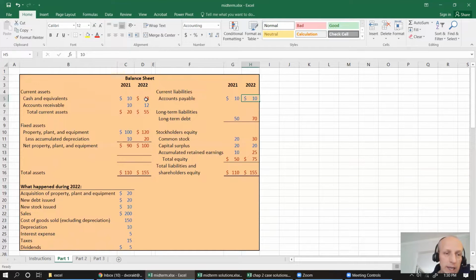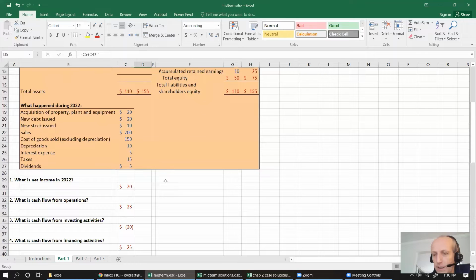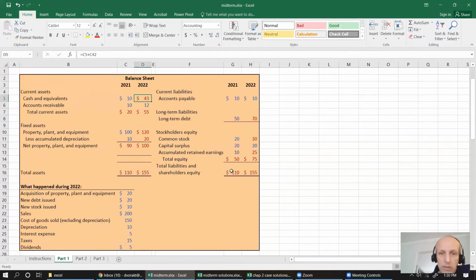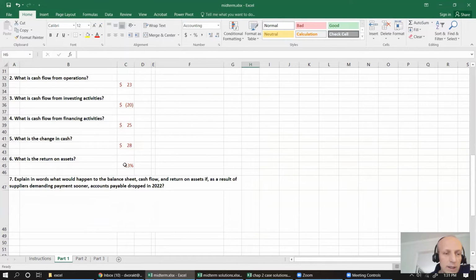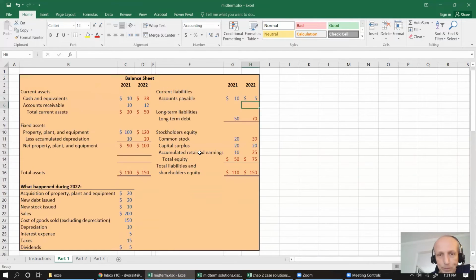So cash balance would drop, total assets would drop, net income is not affected, so return on assets would go up. And since I actually built all the formulas, I can check that. So let's see if this goes down to 5. We can clearly see cash goes down, assets go down, and return on assets is higher.